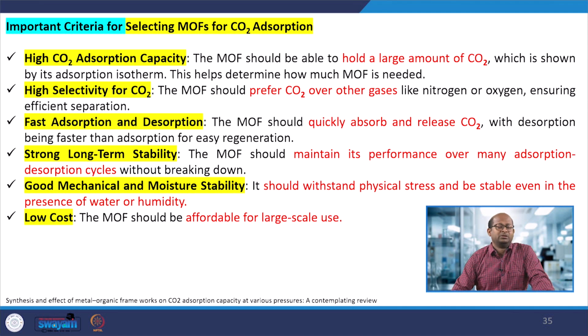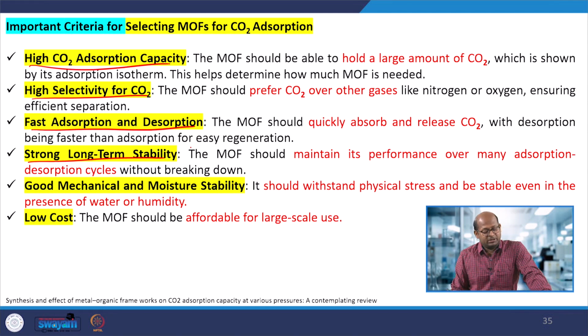Once we have a pure MOF material, we can impregnate a particular nanomaterial, or when the MOF is being prepared, we can add a particular quantity of nanomaterials during the synthesis process. By that we can incorporate different types of metal oxide nanoparticles into the MOF.